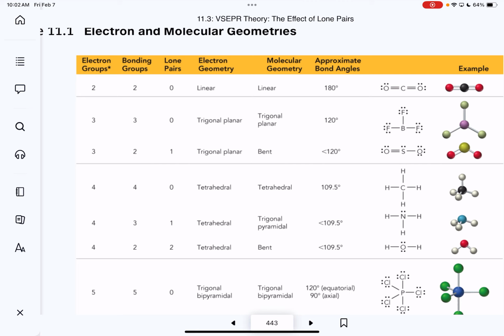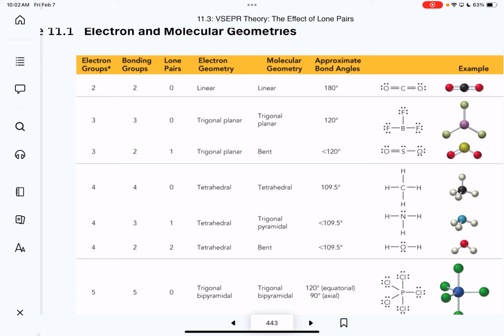Okay? All right, so a summary of this table, just in case you need a recap. Each segment is the number of electron groups, single bond, double bond, triple bond, lone pair, that surround the central atom. We're always focusing in on the atom that's in the middle there. That number of electron groups tells you the name of the electron geometry. All that means is the name that we give for how the electrons surround that central atom.